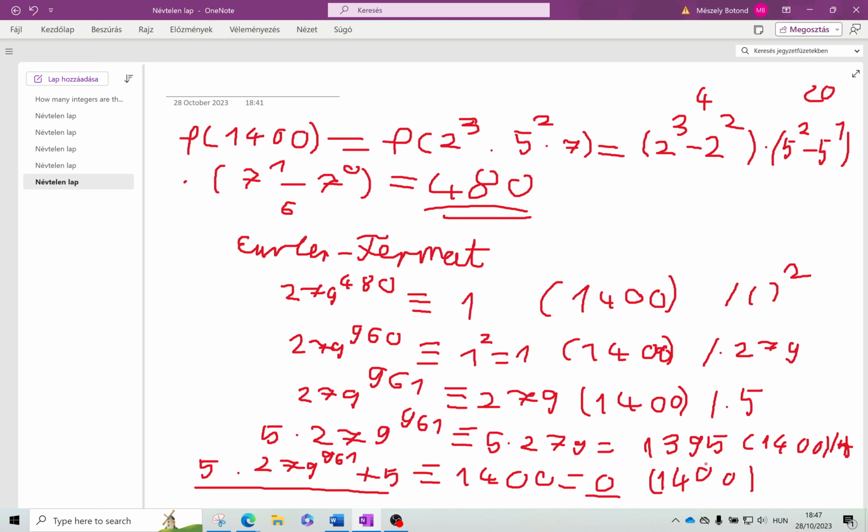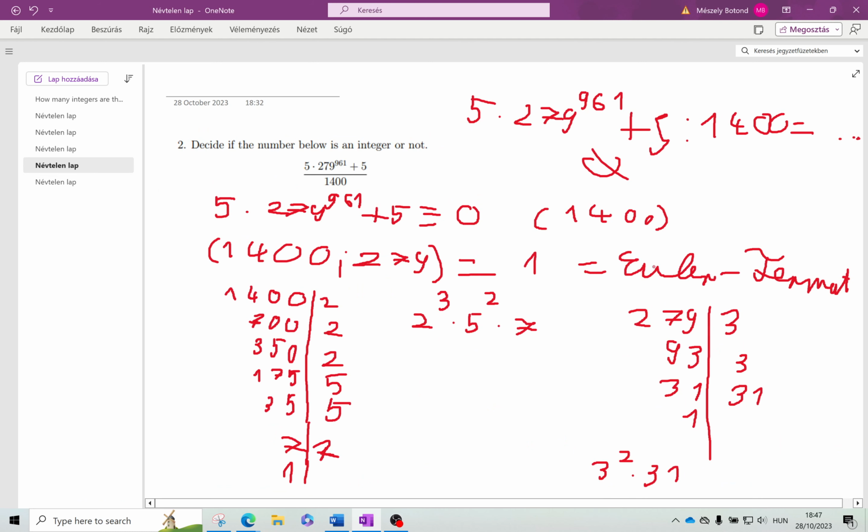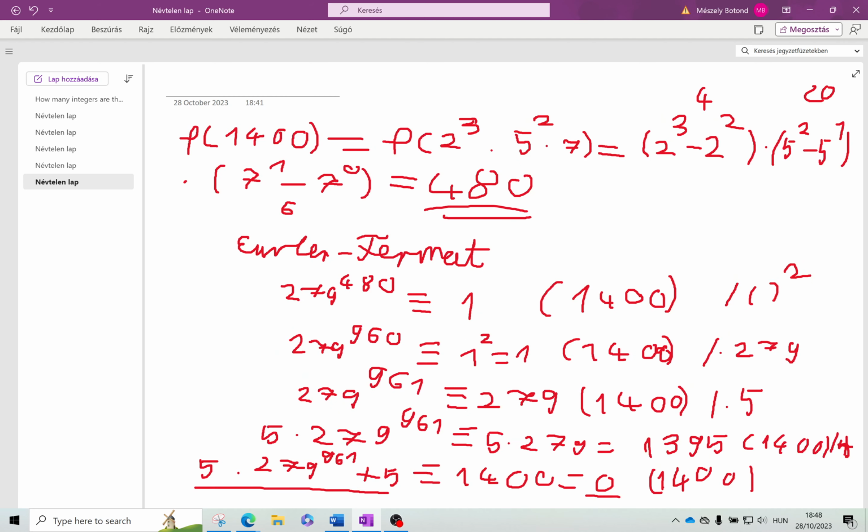So yeah, you can use Euler-Fermat, and it's pretty simple. It's important to learn, but don't use it without actually checking whether or not you can use it. There are rules for when you can use certain methods. Always check if the rules allow it. Any questions?